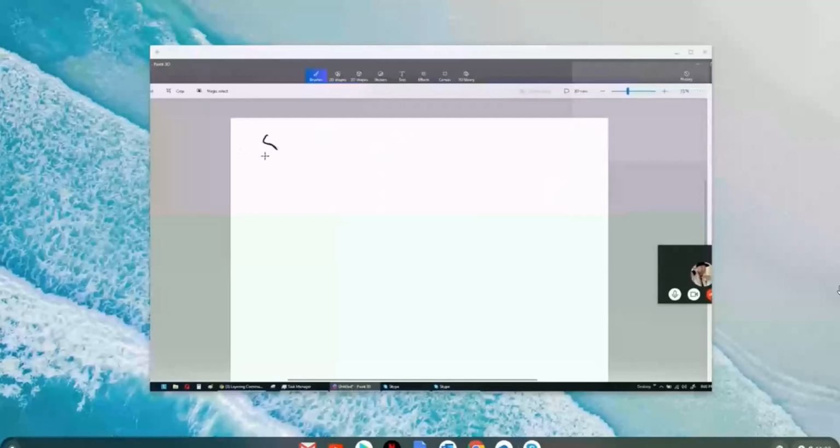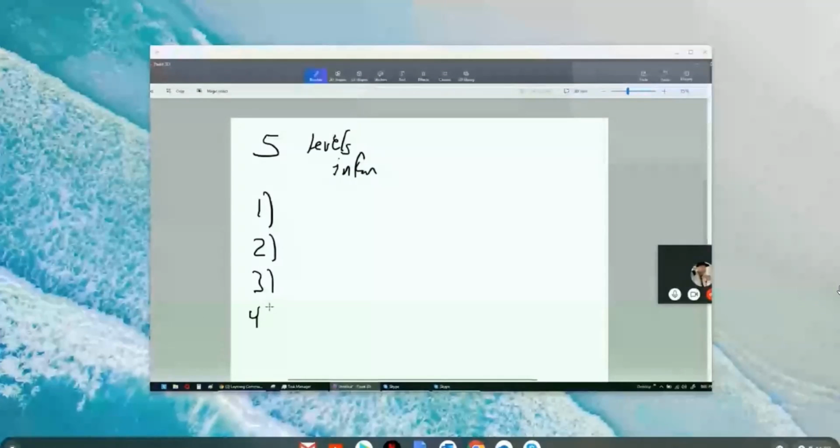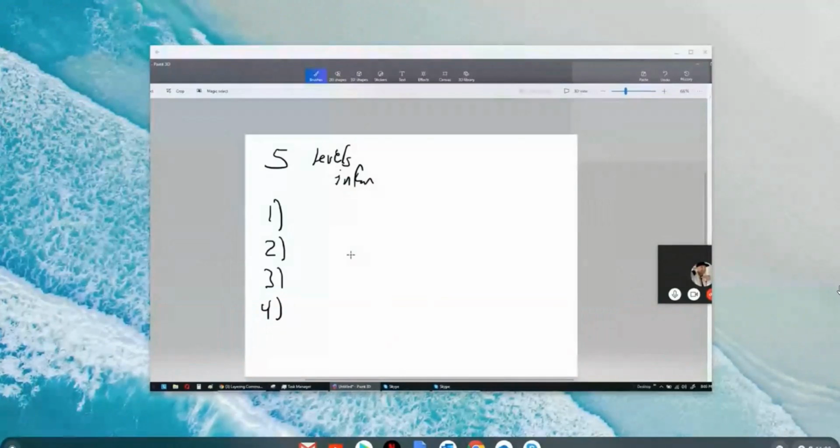Communication and information is no different. So it's 5 levels of communication, 5 levels of information. So the 5 levels of information is what? Go ahead, sorry, I just interrupted. Oh, you're fine. So basically, the 5 levels of information.